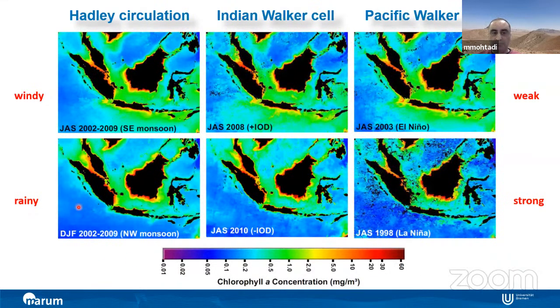And the other way around, if you have low productivity, it could be related to a stronger or a more dominant summer monsoon, or more negative IOD events, or more La Nina events. All these climate phenomena create or diminish marine productivity in this region, particularly in the upwelling region south of Indonesia. Sorry.